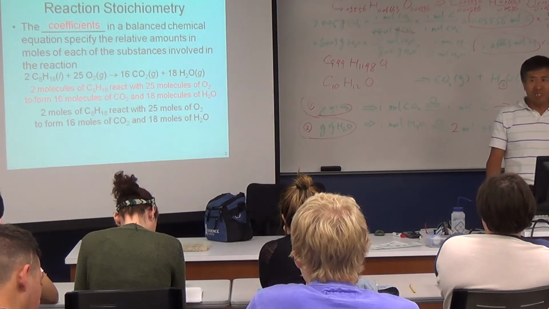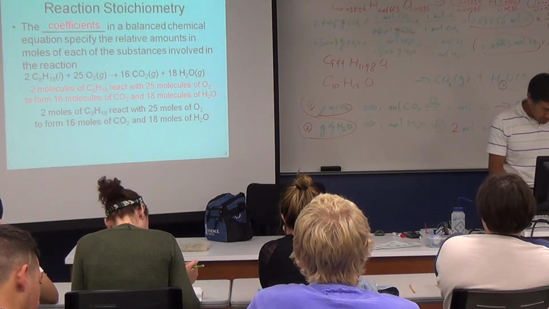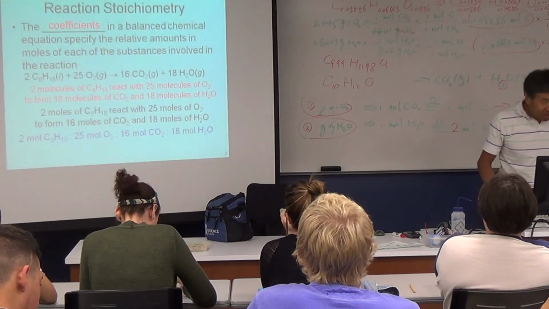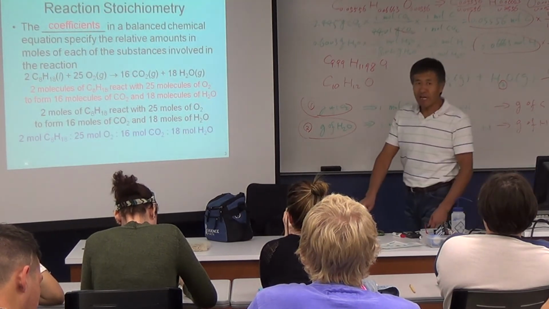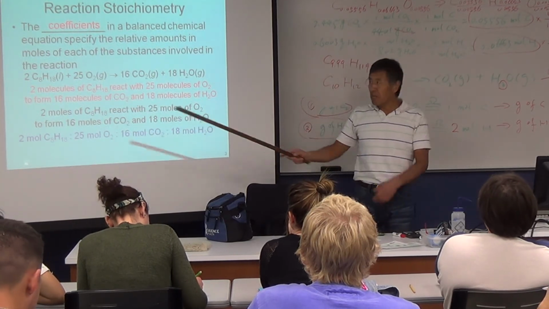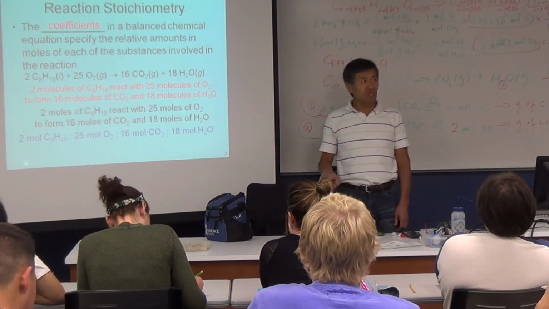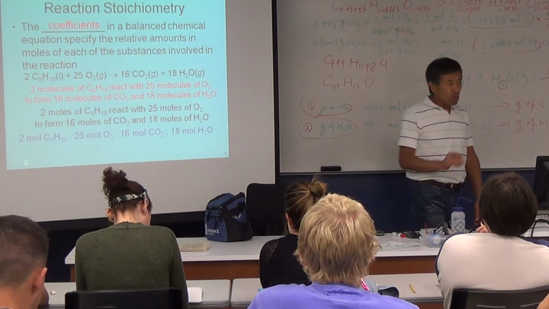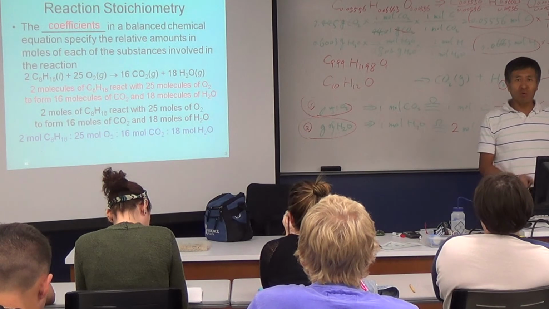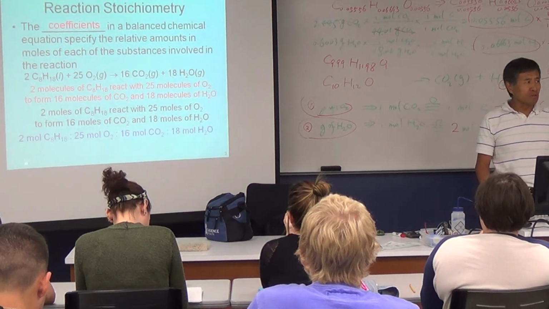Your ratio number is still the same, just a different unit. Understand? If I have a balanced equation, you can have many pairs of those ratios. Once we can recognize the ratio between what and what, then we use it.